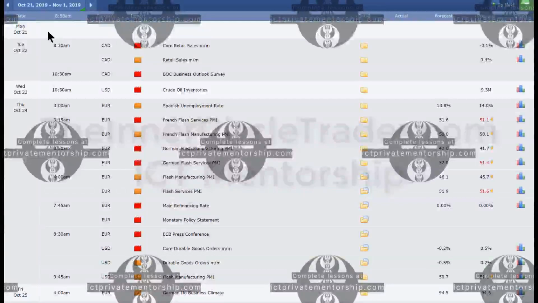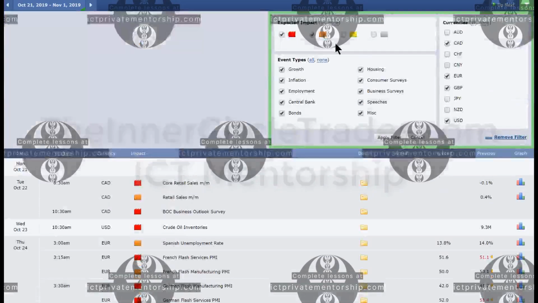Notice there's really an absence of any economic drivers for Monday. Generally, if you click over here on this little icon on Forex Factory's calendar, this will bring up your settings. This is your filters. My filters are generally this.